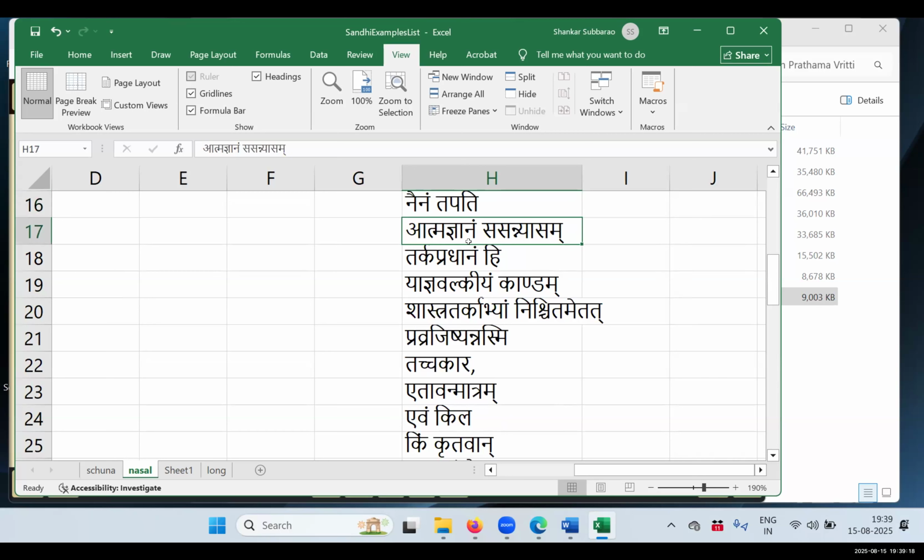Here what will happen? Atma jnanam sasanyasam. Atma jnanam, can it change? Anuswara, what's following is not yai. Therefore it will not change. What about sannyasa? Sam plus nyasa. What will happen?